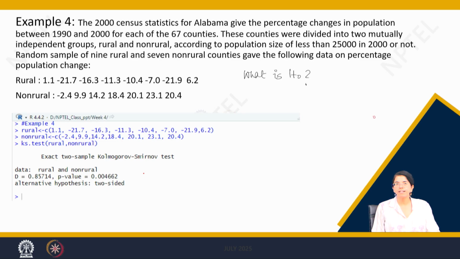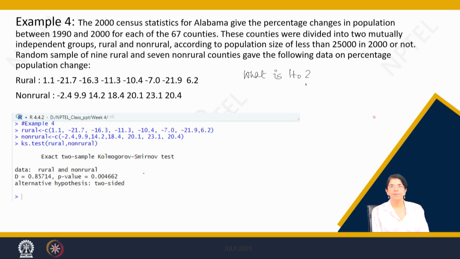Example 4 is a bit more pragmatic. This example states the 2000 census statistics for Alabama, a state in the USA, giving the percentage changes in population between 1990 and 2000 for each of the 67 counties in that state.